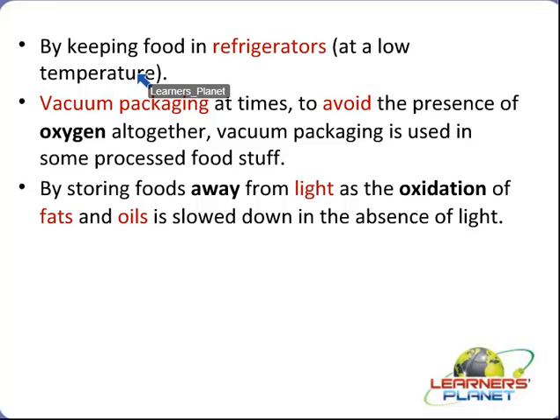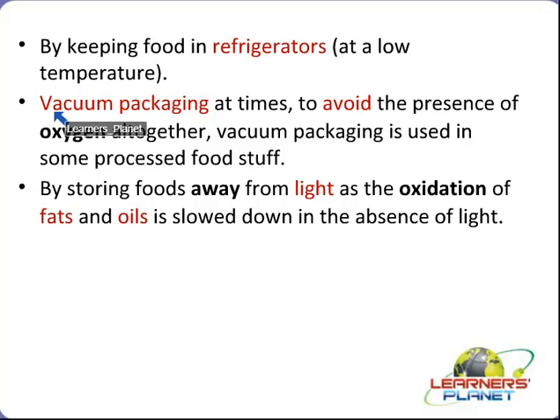What does it require? It requires energy. That energy is supplied by heat, or in a way by rising temperature. So if we are reducing temperature here, this oxidation process can be retarded.